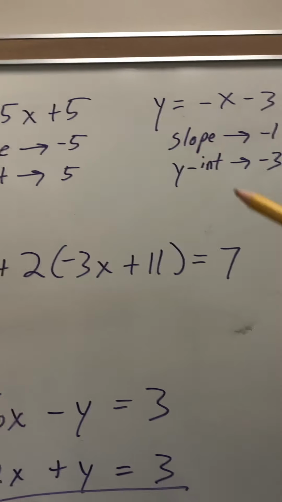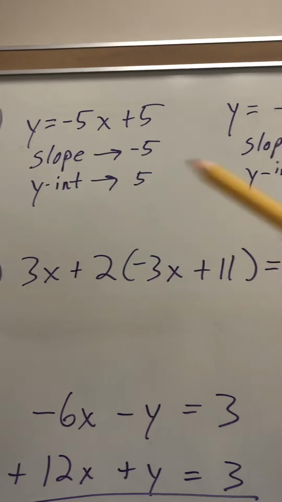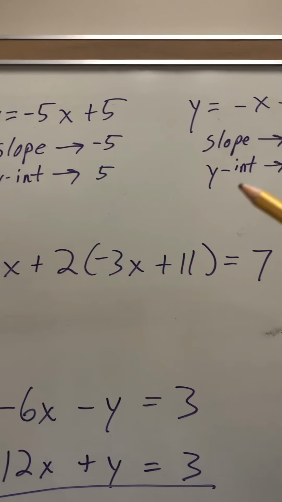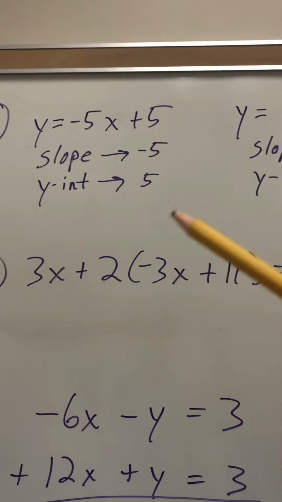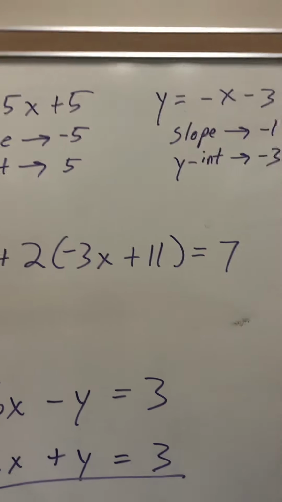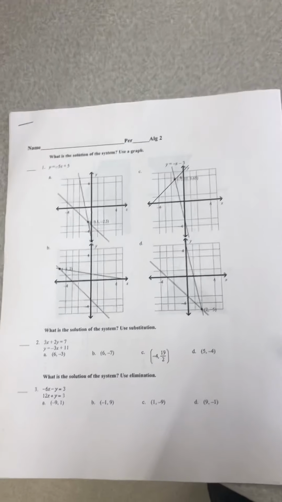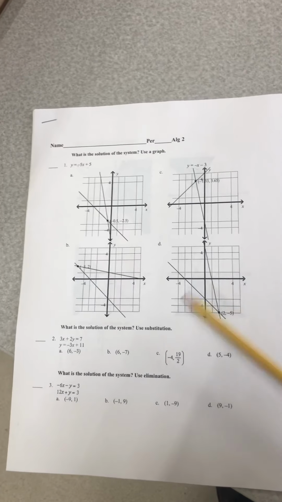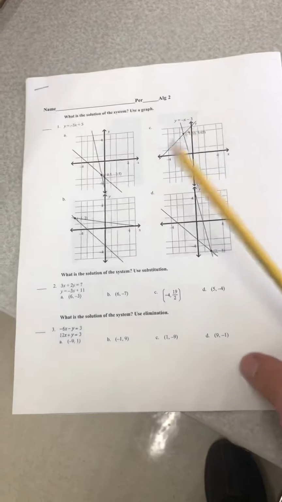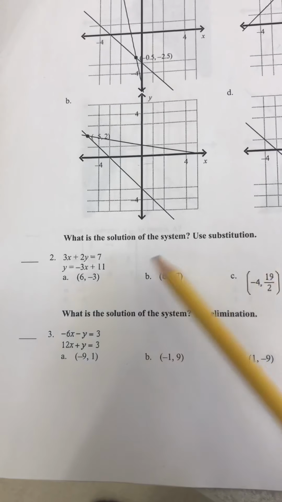If you just look at the y-intercepts, you're going to be able to find the answer. The key to that problem is locating the y-intercepts, because there's only one answer that has the correct y-intercepts, with both lines going down when you read them from left to right.